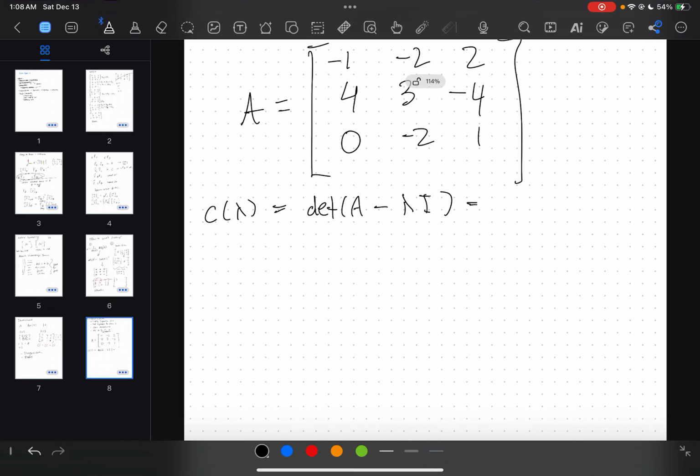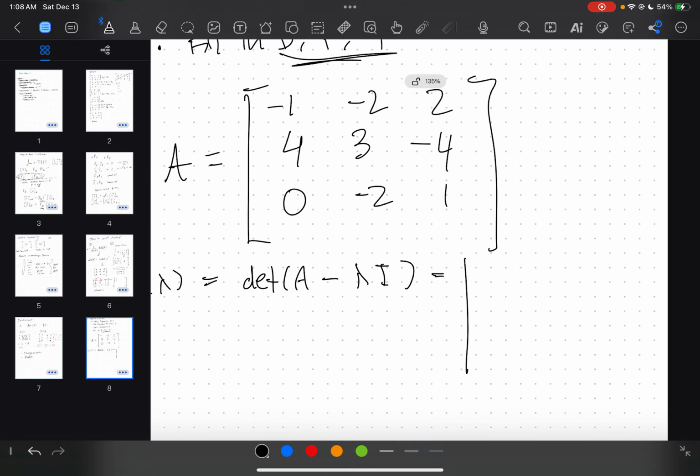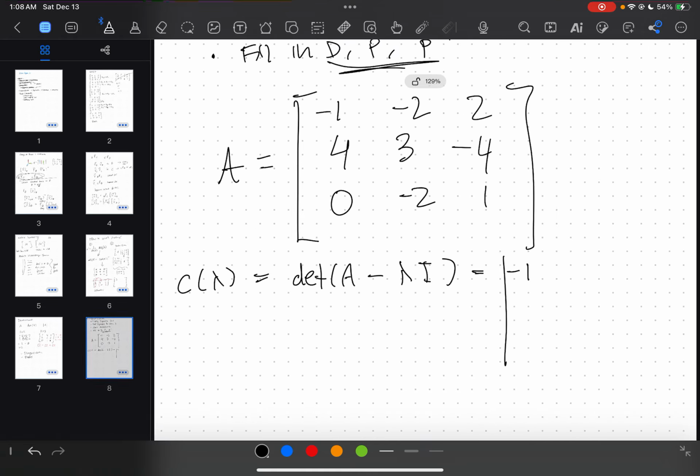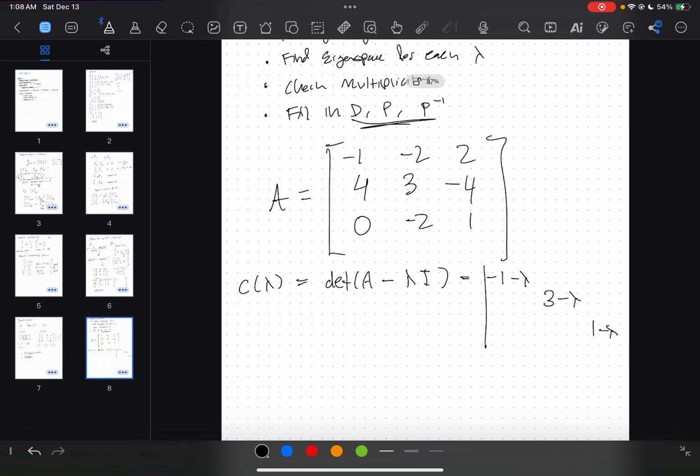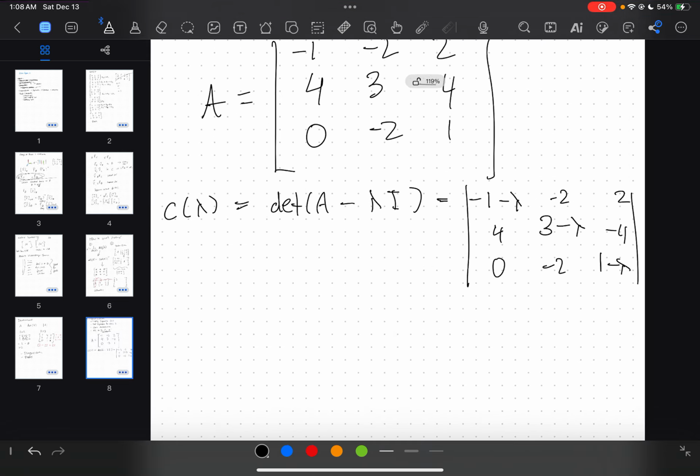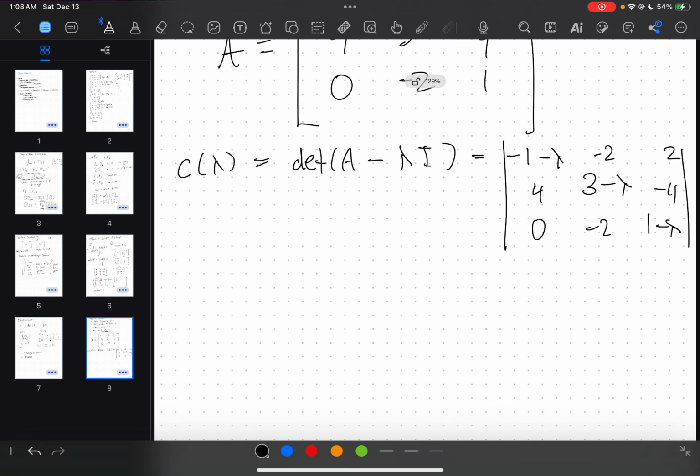So we take minus 1 minus lambda, 3 minus lambda, 1 minus lambda, minus 2, 2, minus 4, 4, 0, minus 2. This is our determinant that we're looking for.